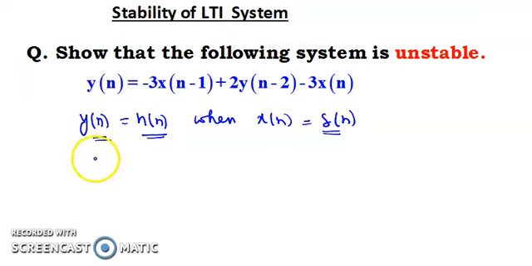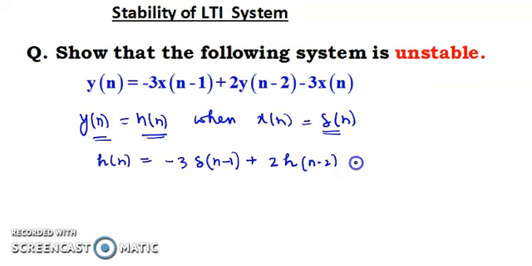From the given equation, if we replace y[n] by h[n] on the left hand side, then we can write -3 times delta[n-1] plus 2 times h[n-2] minus 3 times delta[n]. So this is the equation now for finding h[n].